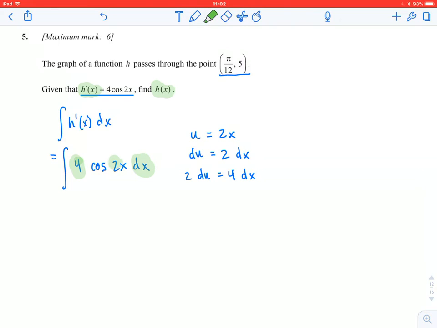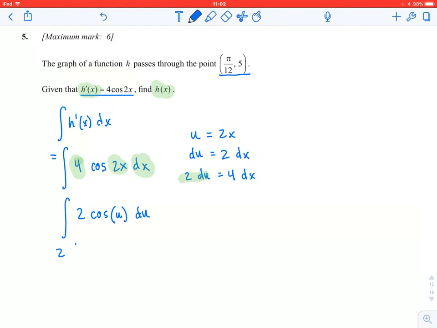And since u is 2x, and this is cosine of 2x, we can do some simplification. So this becomes the integral of cosine of u. 4 dx, we wrote, is equal to 2 du. So we'll put the 2 here and then the du here.